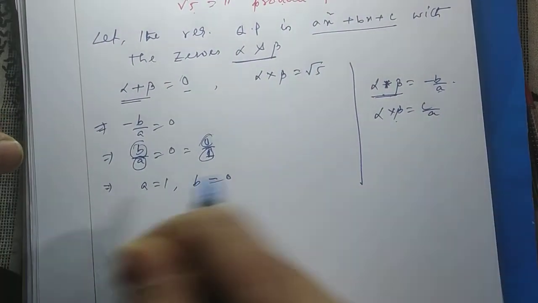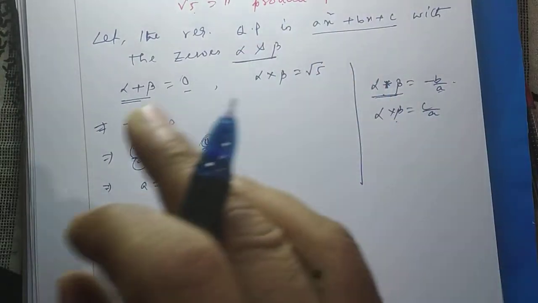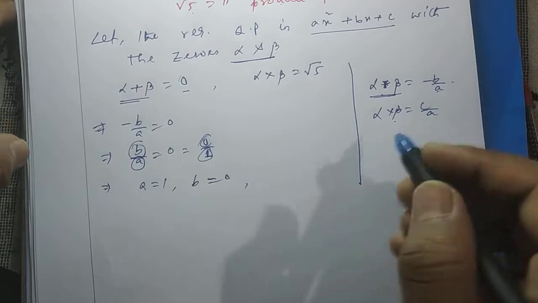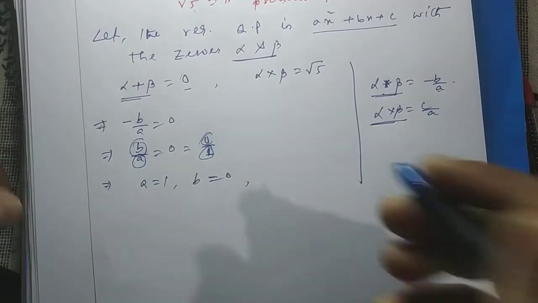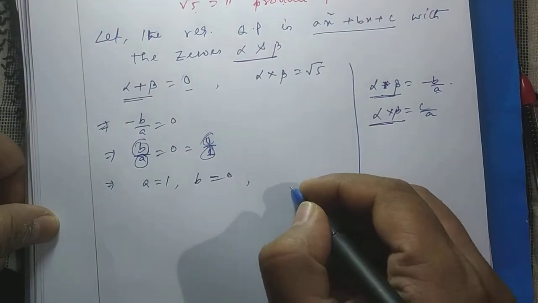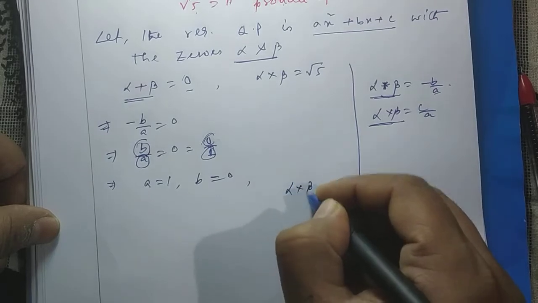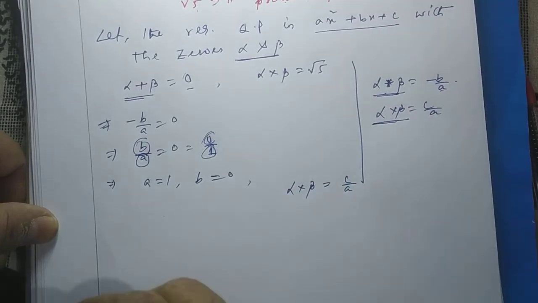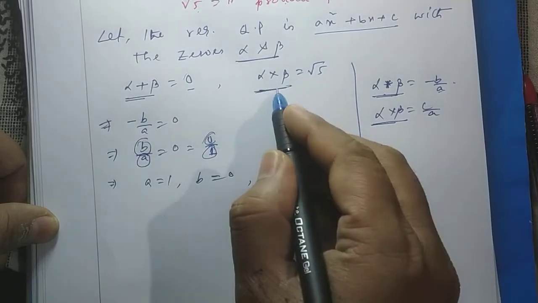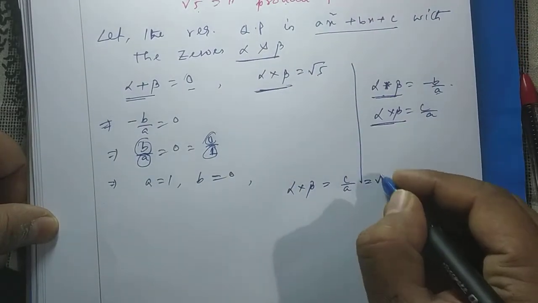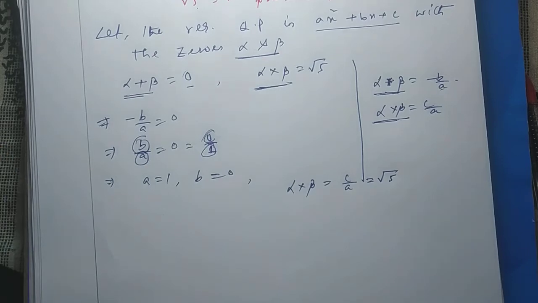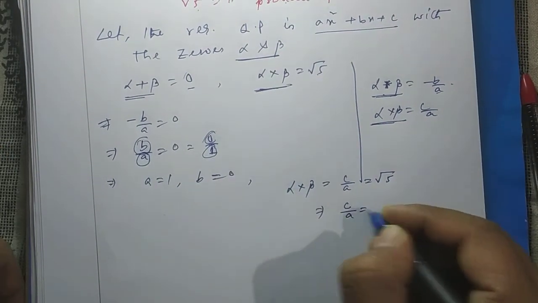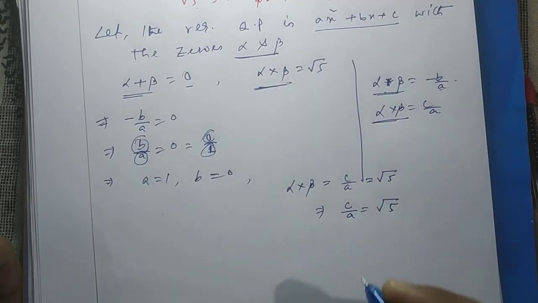In the similar way, now only c is remaining to find, correct? So how to find the value of c? Now let us use one more relation to find the value of c. So we have alpha into beta equal to c by a. Also we have alpha into beta equal to root 5. So from here c by a will be equal to root over 5.